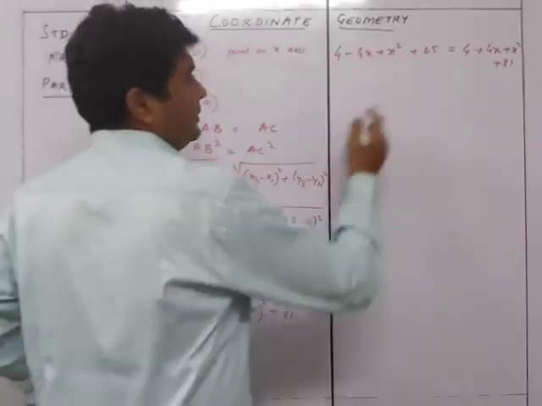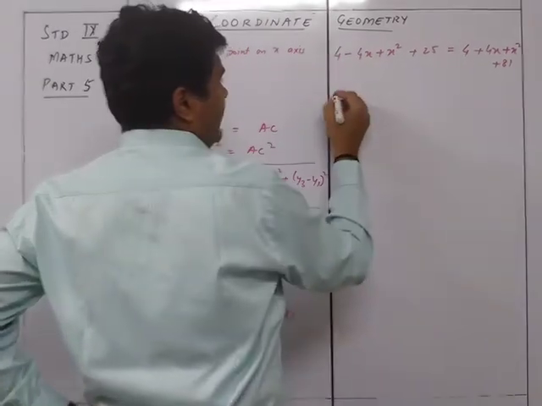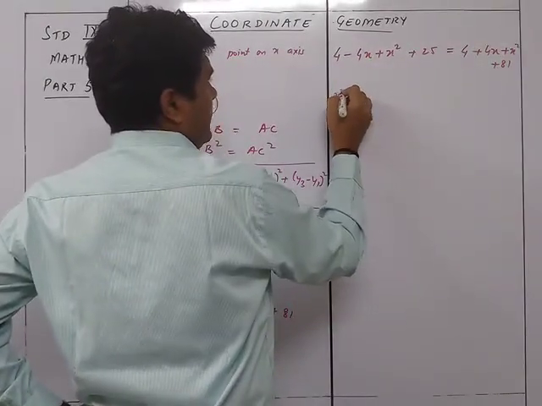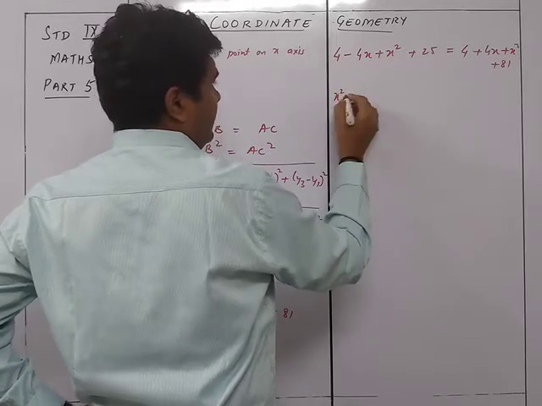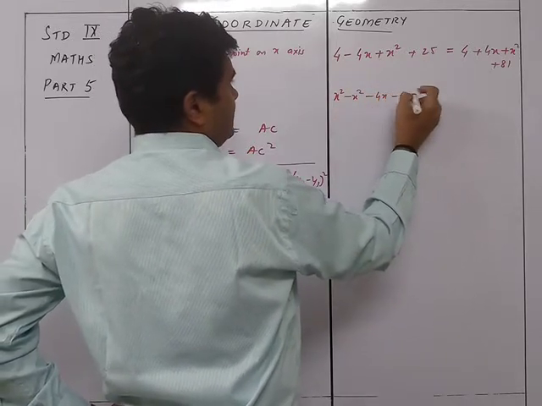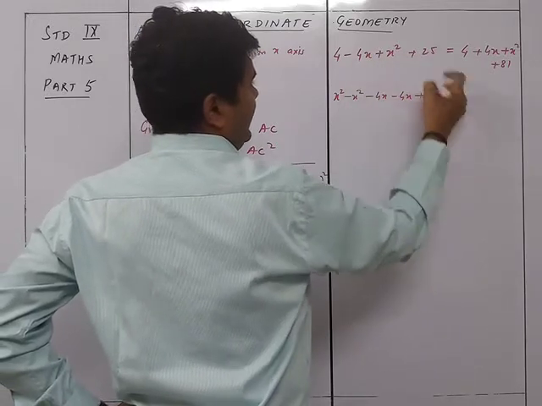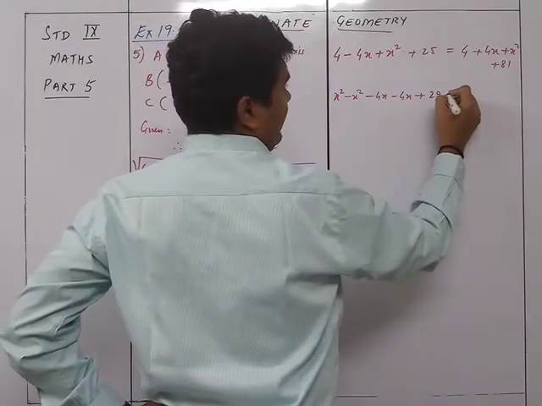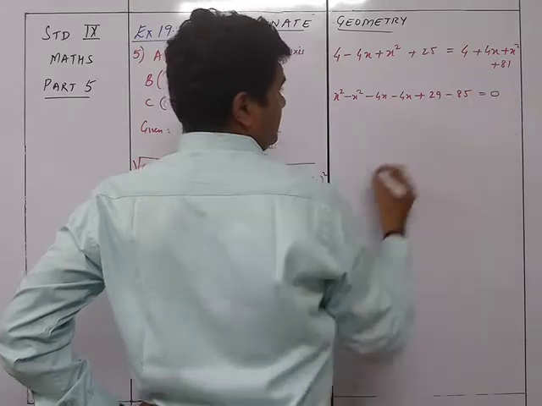Okay. Bringing all this on one side, you get x square minus x square, minus 4x minus 4x, plus 29 minus 85 is equals to 0.